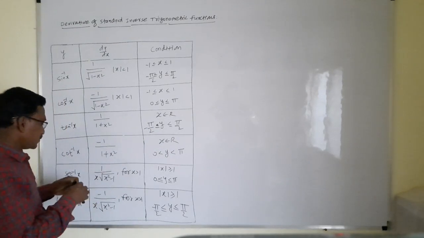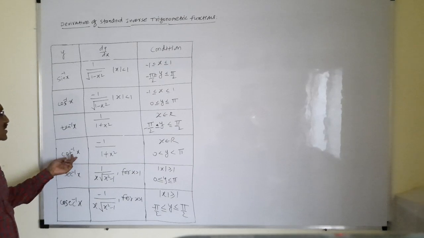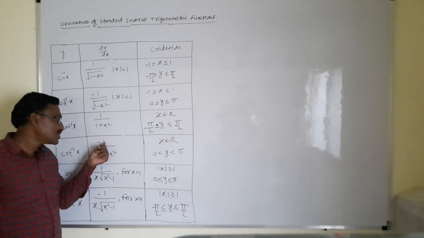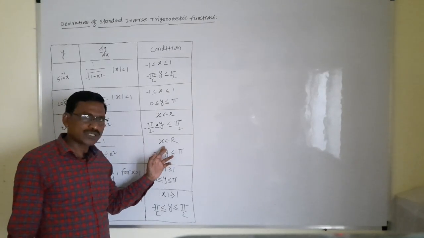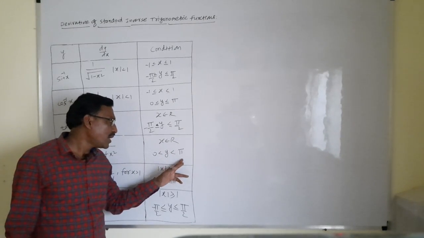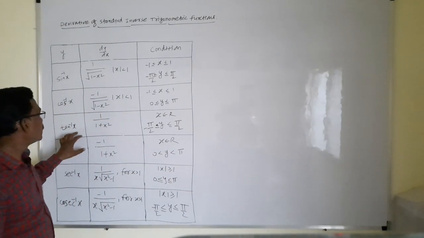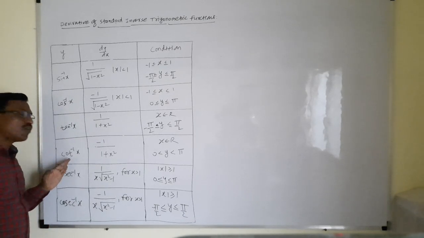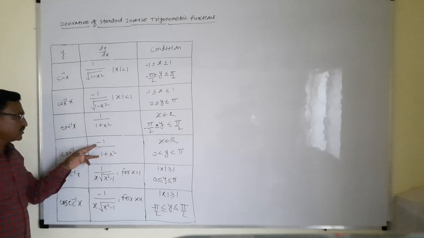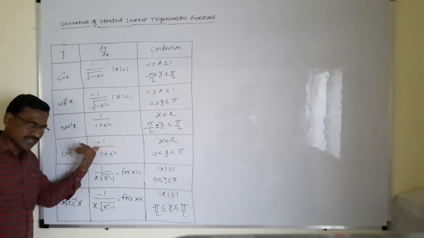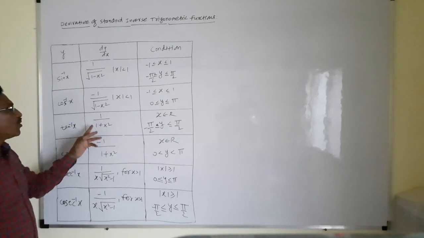Now the fourth, cot inverse of x: its derivative is minus 1 upon 1 plus x square, x belongs to R, and y is between 0 and pi. Again the derivatives of tan inverse x and cot inverse x are the same, with only a change in sign.